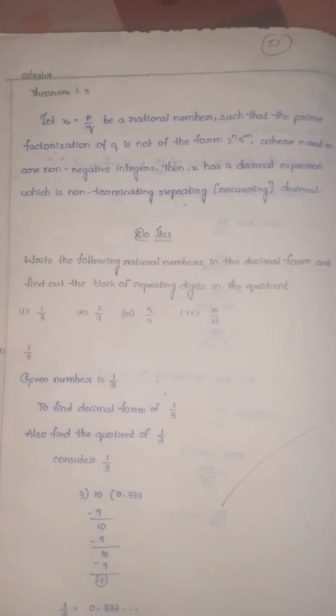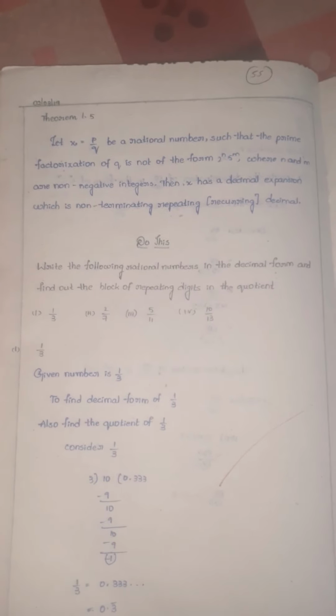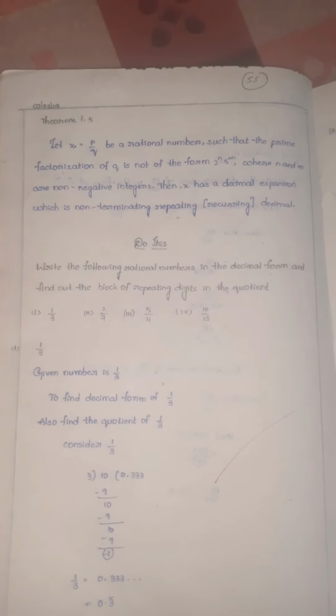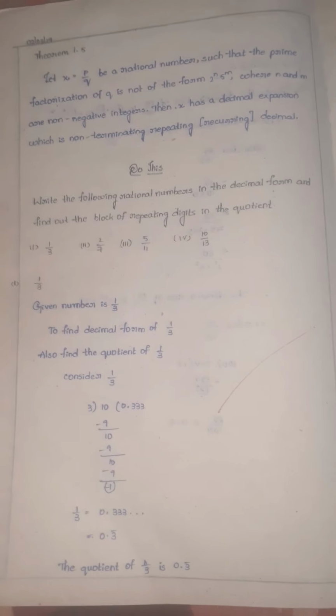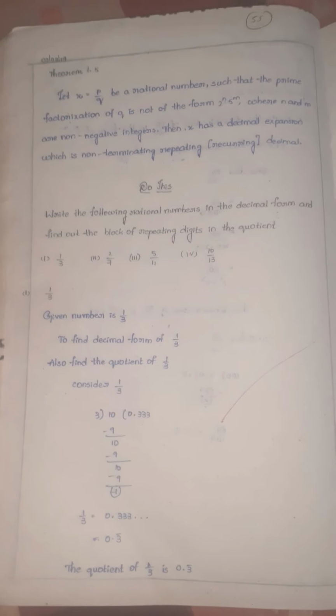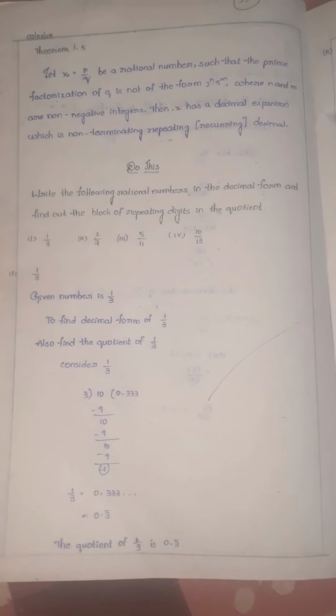Then x has a decimal expansion which is non-terminating repeating or recurring decimal. So they will give you the rational number in p by q form. So that decimal is non-terminating recurring decimal. So we will see the examples.